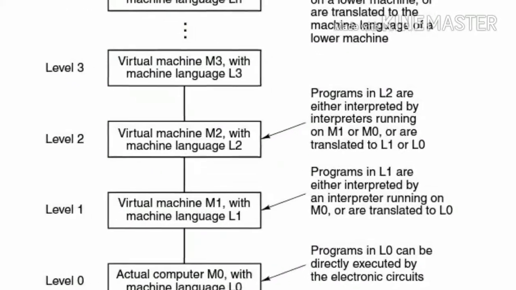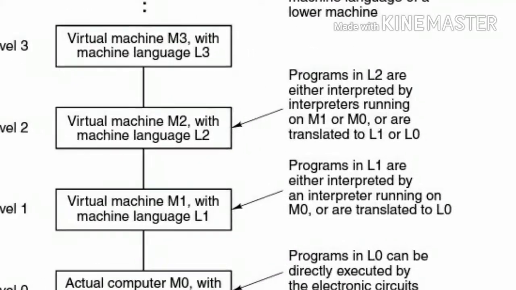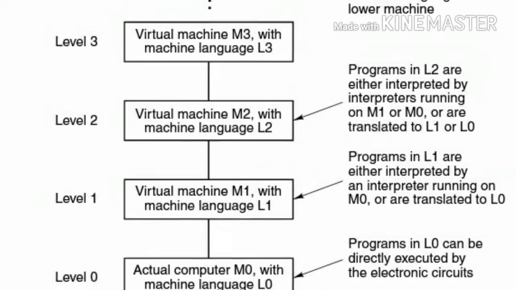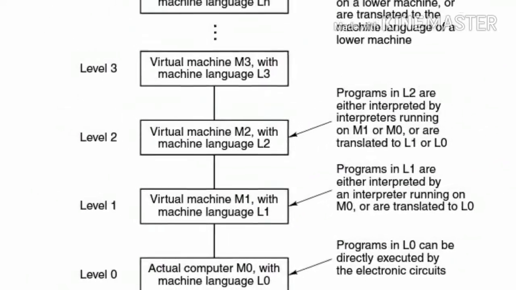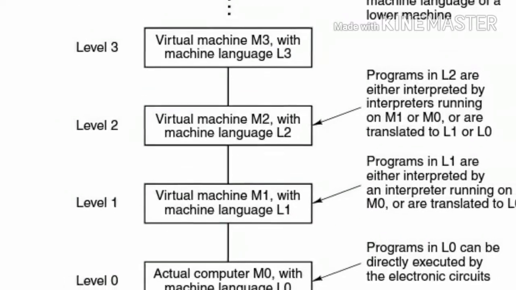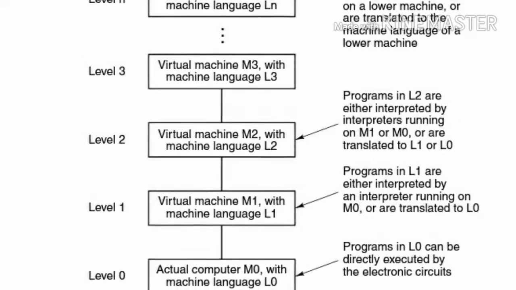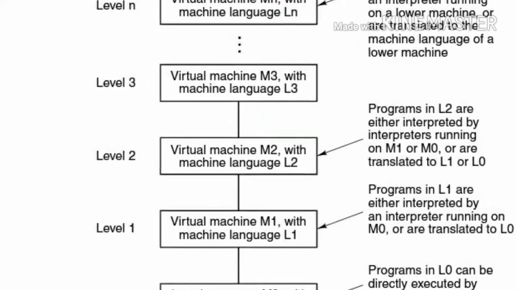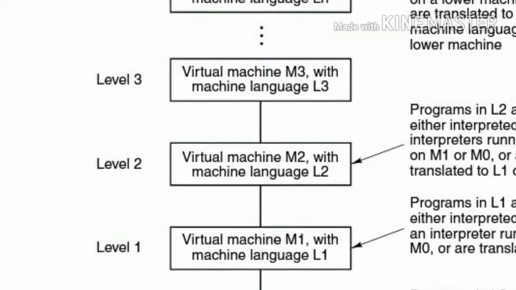Such programs can be either translated to L1 or executed by an interpreter written in L1. The invention of a whole series of languages, each one more convenient than its predecessor, can go on indefinitely until a suitable one is finally achieved.